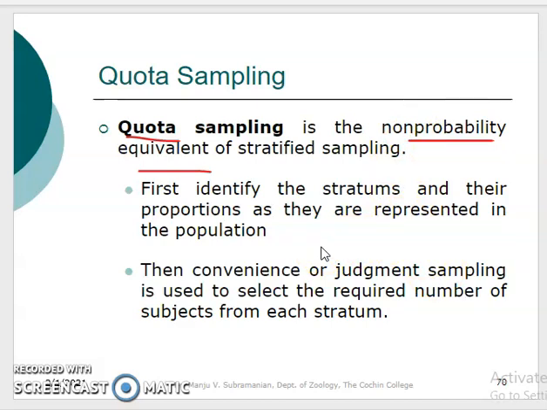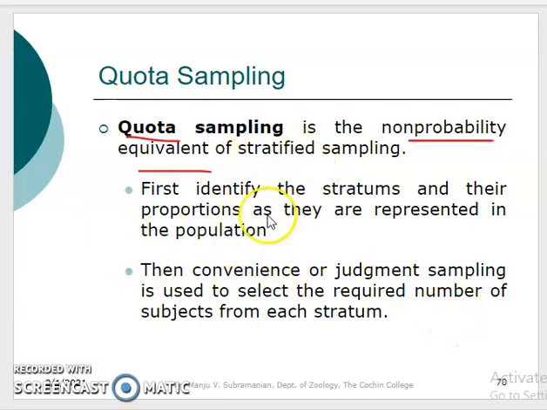This method of sampling is adopted in making surveys of public opinion. We collect the opinion of the public, and only definite quotas of persons in different social classes, different age groups, or different regions, etc. are selected for the interview. Convenience sample methods are not representative, since they are biased and unsatisfactory.